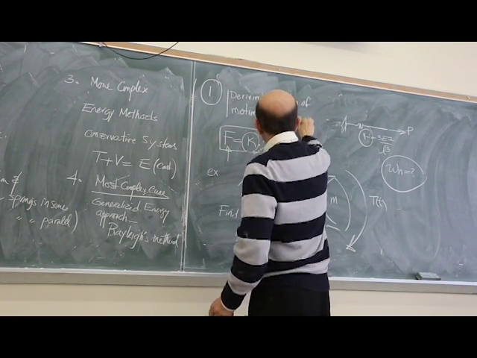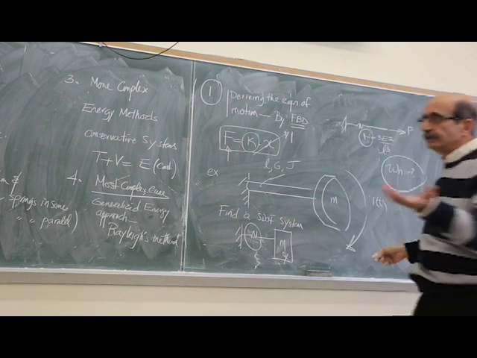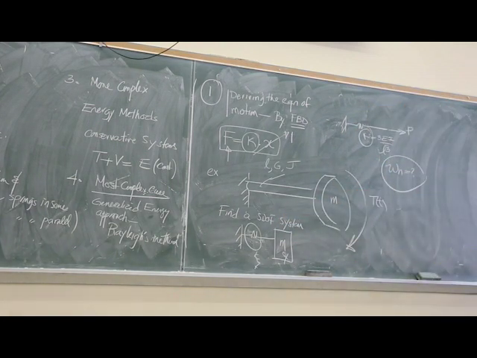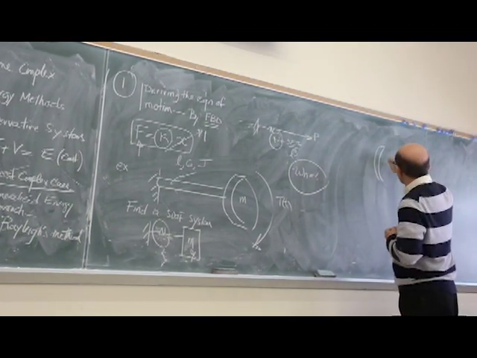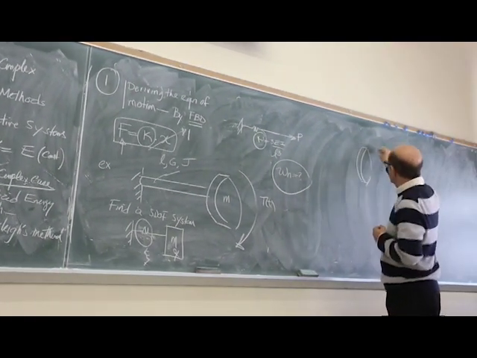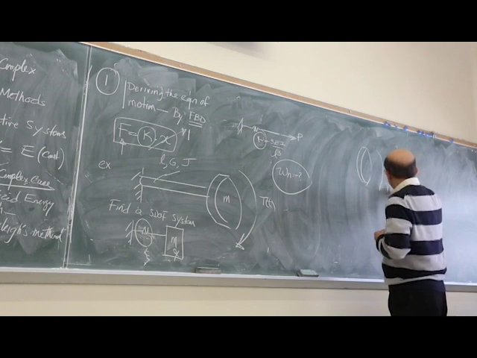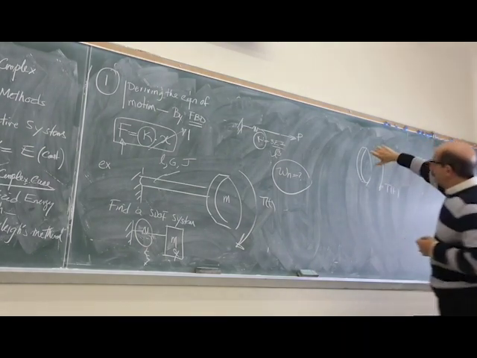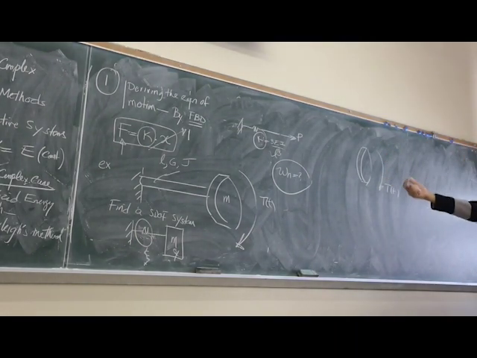As I said, the first approach, we just derive the equation of motion by using just a free body diagram, basically dynamic equilibrium. So if you look at this little mass here, you have this force causing the rotation.